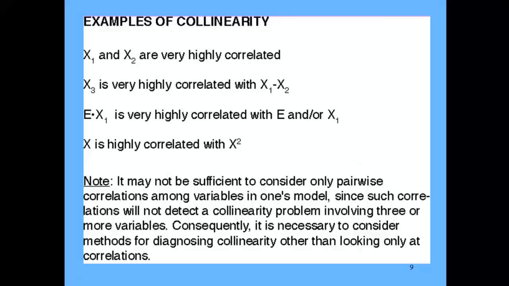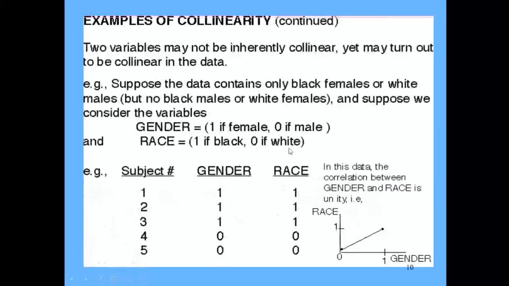These are all examples. One of the messages is that you don't want to consider only pairwise relationships, as I've done in some of these examples. Now here's another example. Two variables may not be inherently collinear, yet they may turn out to be collinear in the data.